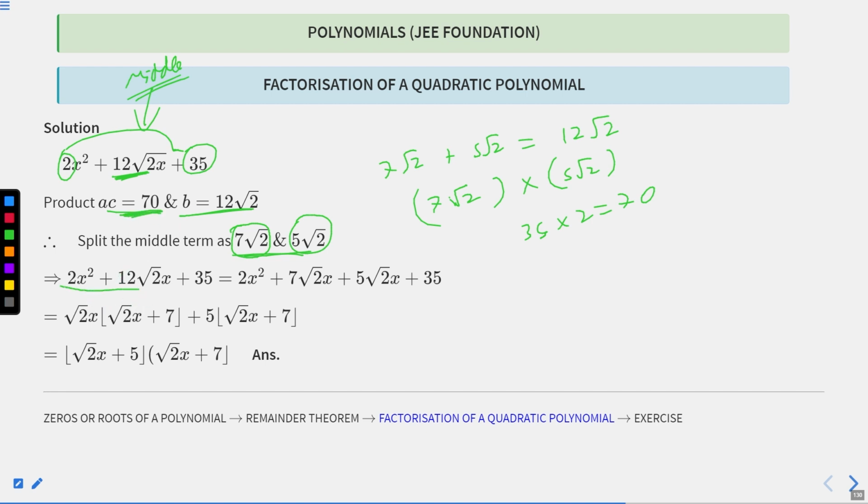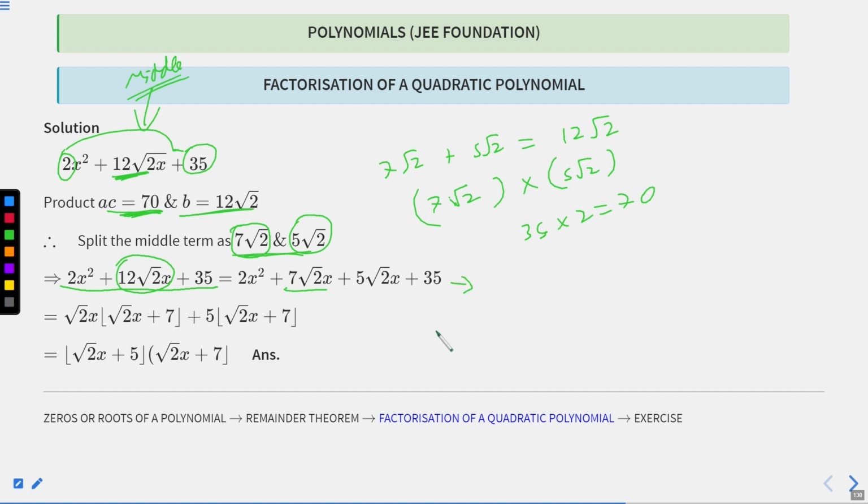So my given polynomial or expression was this. I split the middle term into two parts, one is 7 root 2x, another is plus 5 root 2x. Now I will take things common out of it. It is quite easy, taking root 2 common.